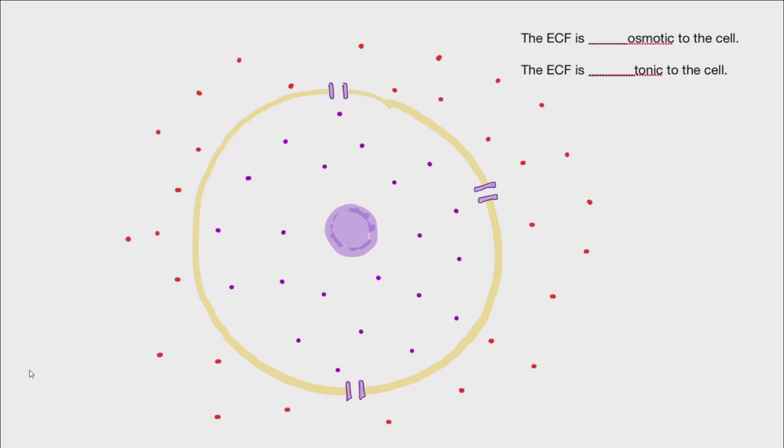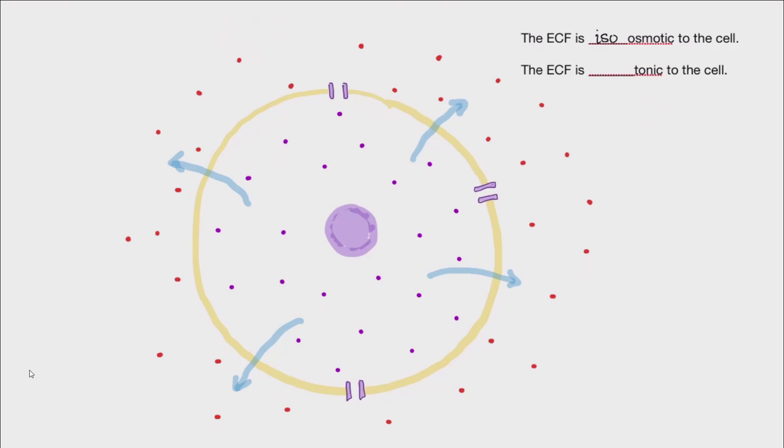So, because we are looking at the snapshot in time as shown, I would still say that the ECF is isoosmotic to the cell. But I actually predict that water is going to move out. Interesting, huh?